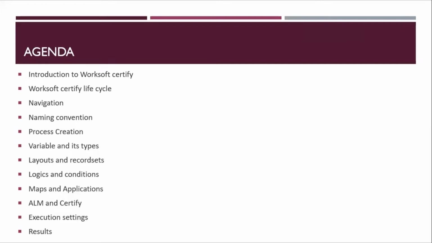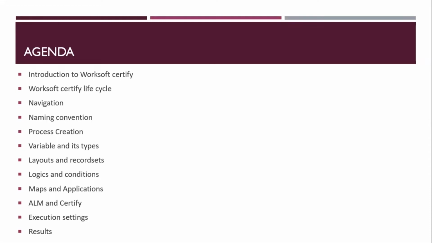And layouts and record sets are the major things. A layout is where we combine all the variables, and we have all the values in record sets. And we have logics and conditions, like if-else conditions, how to do them in Worksoft Certify, because it is a codeless tool, right?